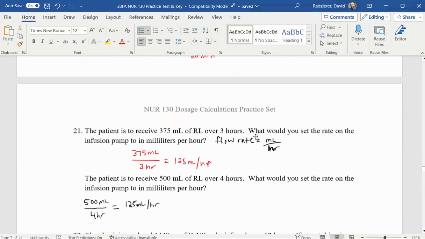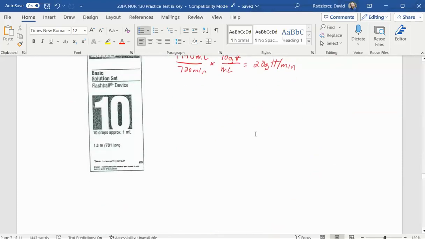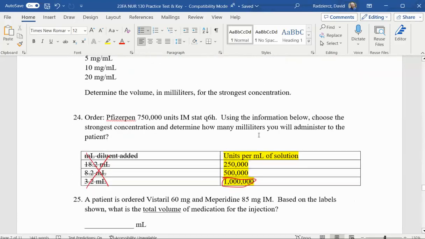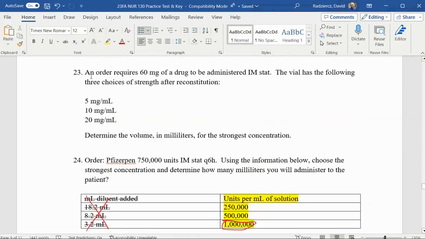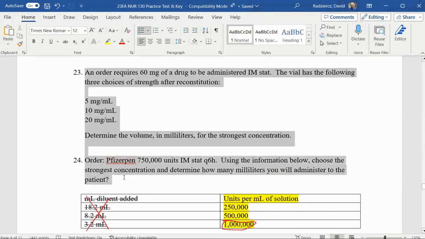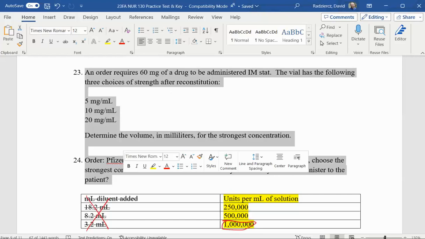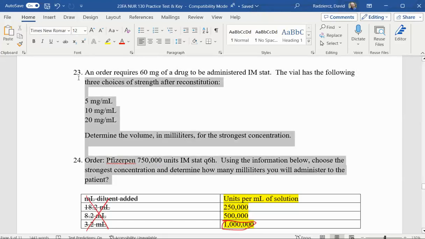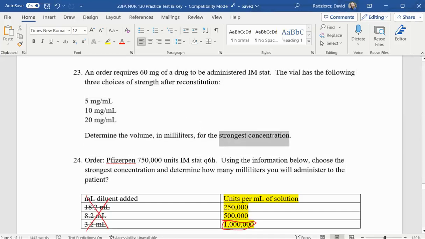All right. And then the last, like I said, the newer thing. You should have seen these last semester. These are the original reconstitution type questions where you have an order, and then it gives you different strengths. Then it tells you to use the strongest concentration.